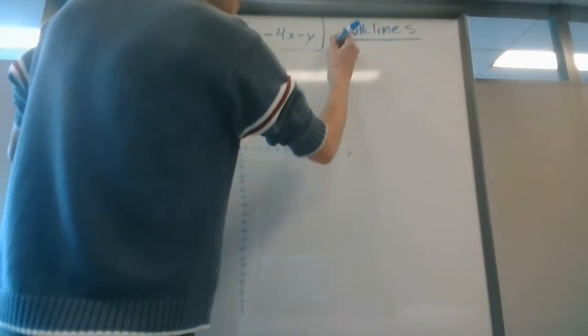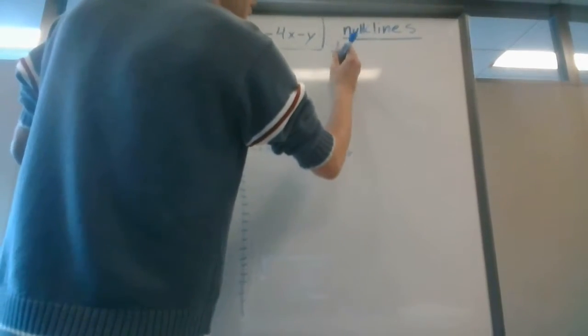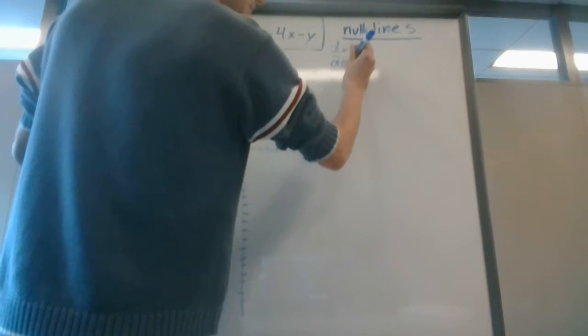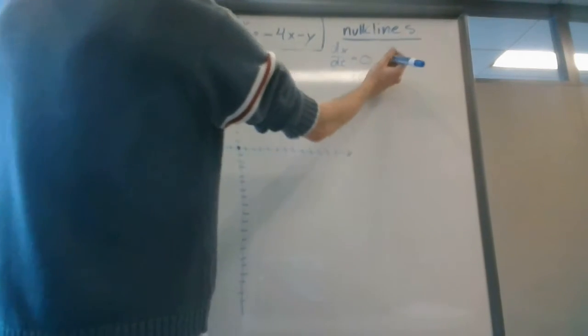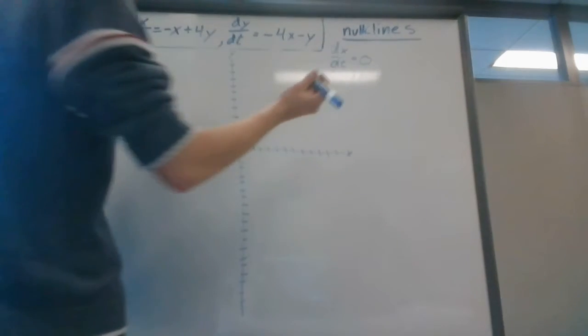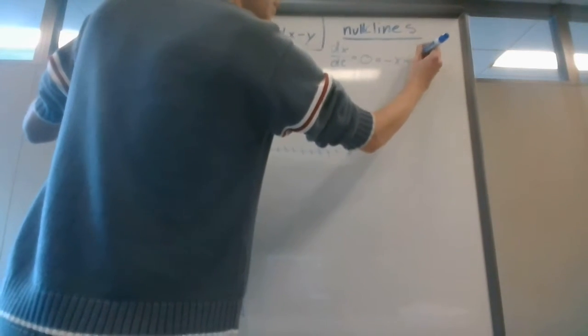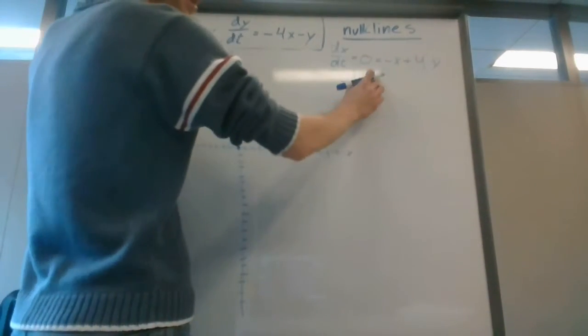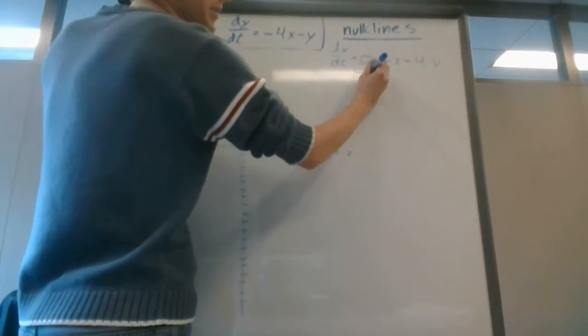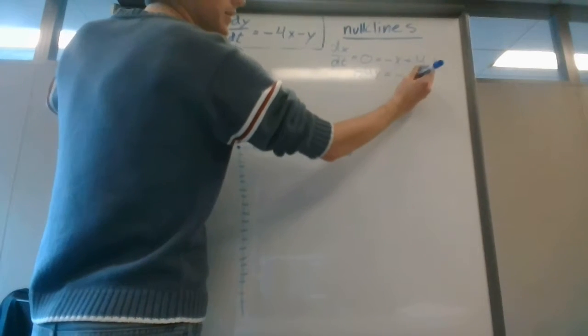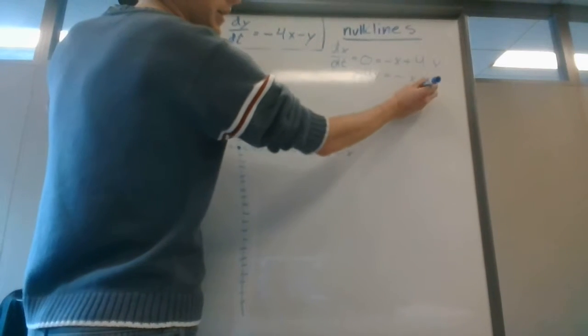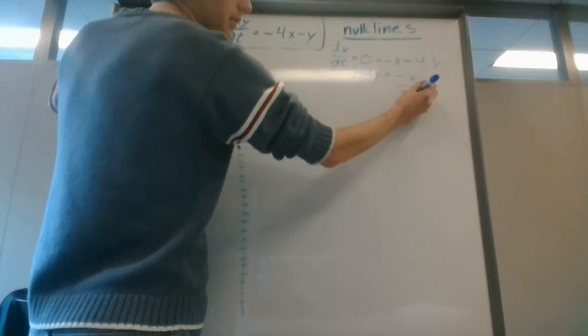So for our dx over dt null line, which equals 0, we have -x plus 4y. Now I'm going to subtract 4y over to here, so -4y equals -x, and then I'm going to divide by -4.